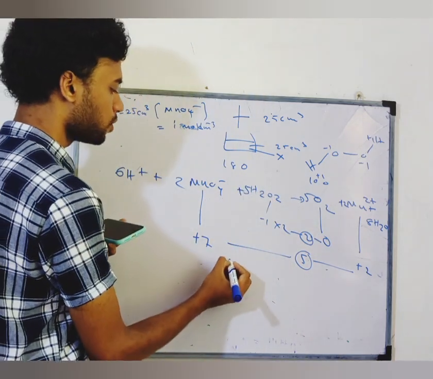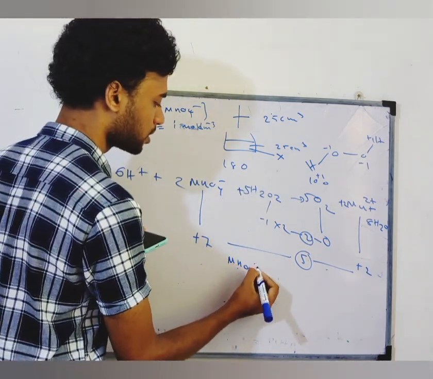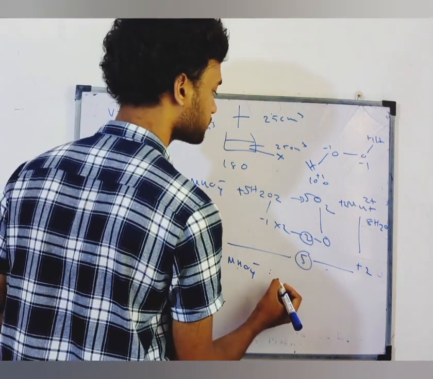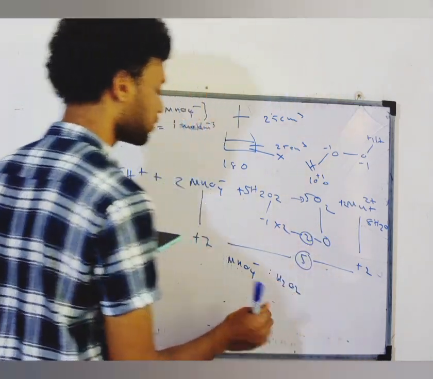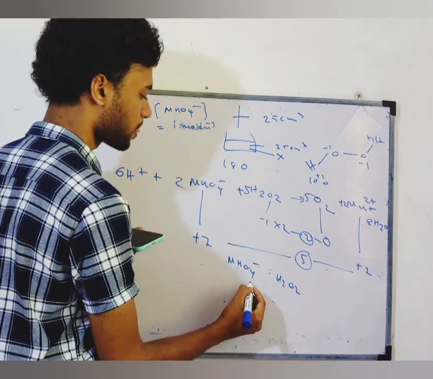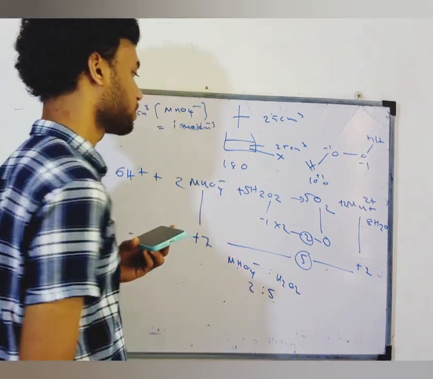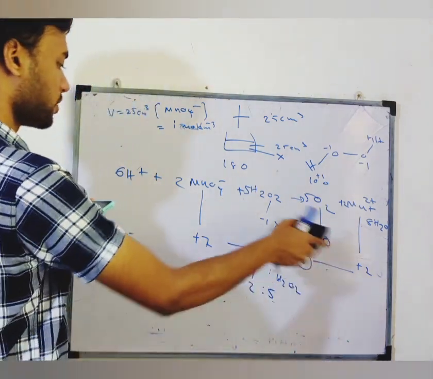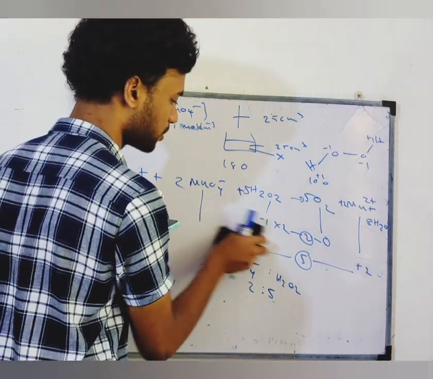Now listen, we can get the relationship now. What is the stoichiometry of MnO4⁻ to H2O2? It is 2:5. So we understood that. Okay, I'm going to erase this reaction now. We got the stoichiometry, right?